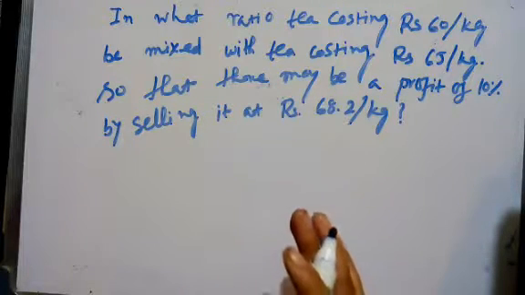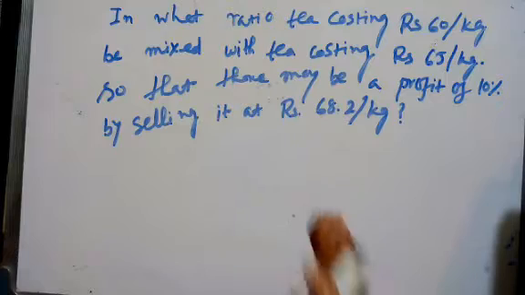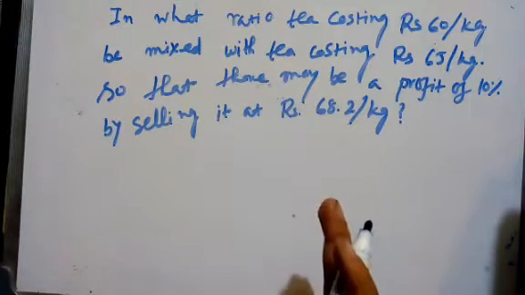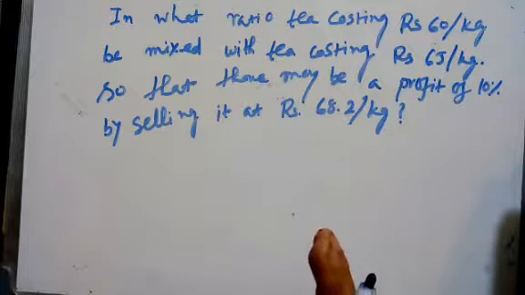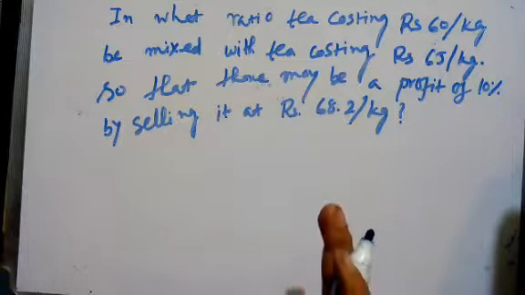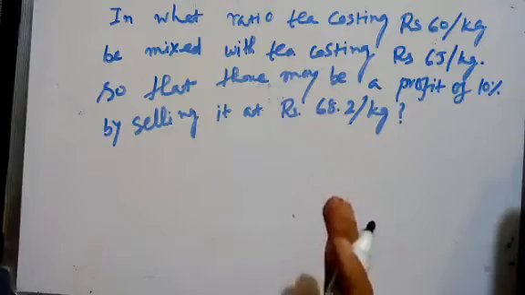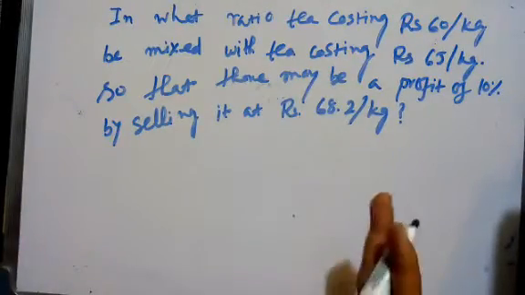So first, one thing we have to know: the alligation table is always a presentation for the same nature of the product.